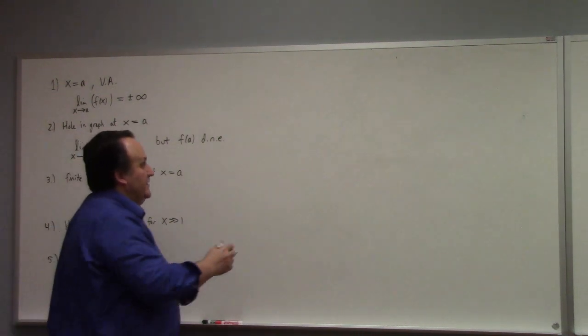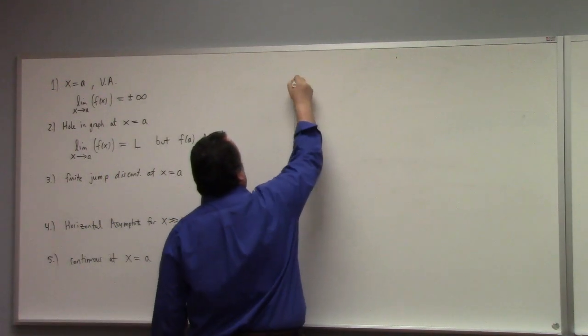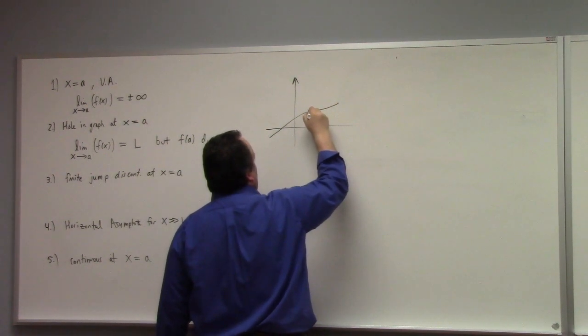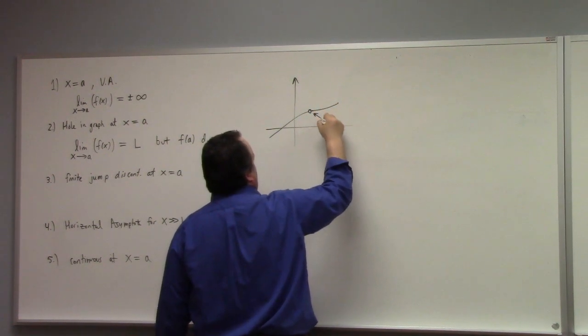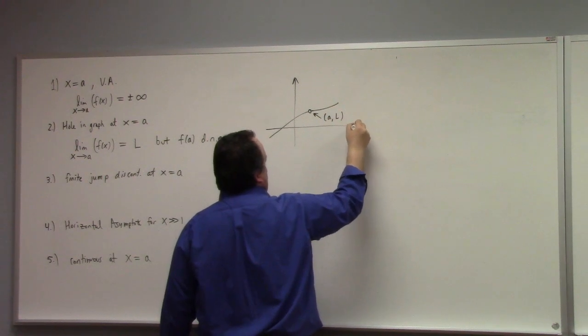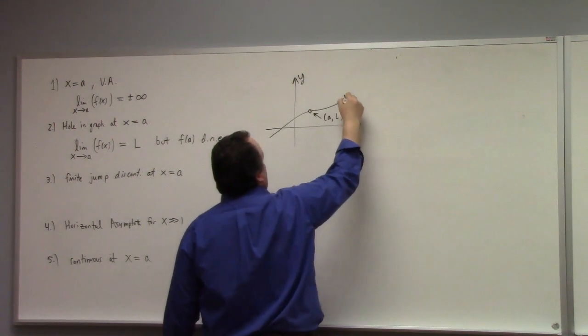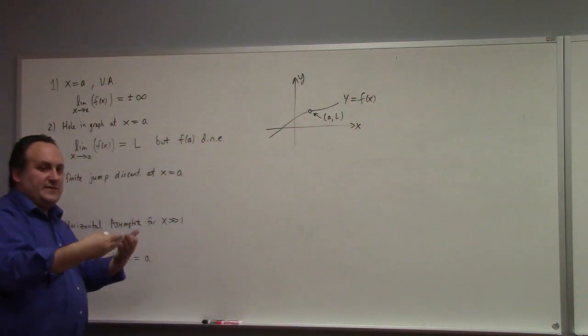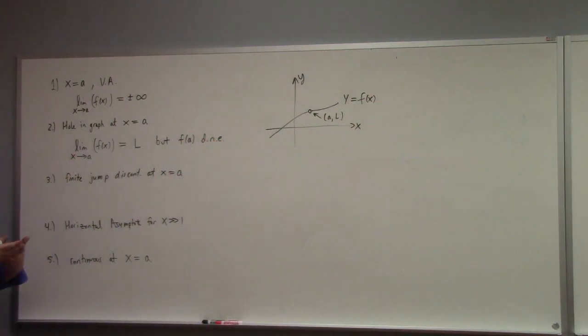If you think about it, that's what a hole in the graph is about. You've got a hole, maybe at the point (a, L). That means the limit exists, it's equal to L, and yet by assumption, f of a does not exist. That's a hole in the graph.